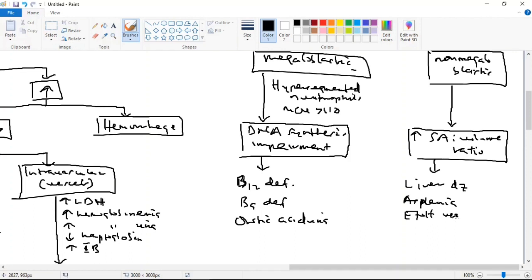Also, certain medications, phenytoin, valproic acid, those drugs, probably by inhibiting conjugase enzyme, cause B9 deficiency. They inhibit folate absorption in the jejunum.